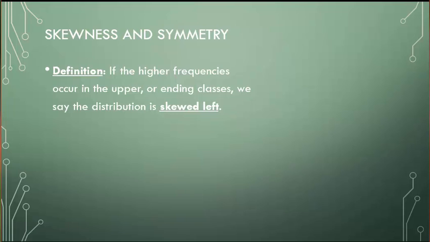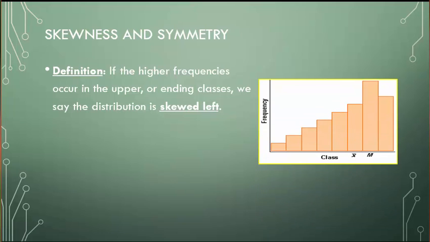And conversely, if the higher frequencies occur in the upper or latter classes, we say the distribution is skewed left. So there is a picture of a distribution that's skewed left. Notice here, it tails off to the left.